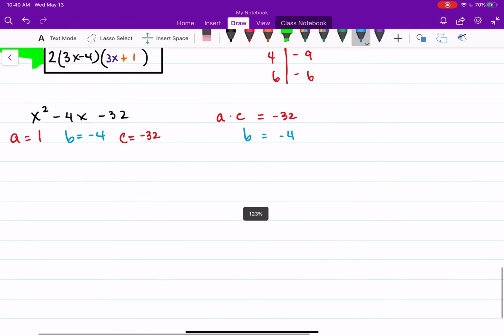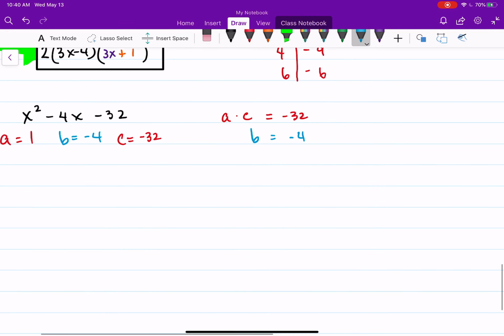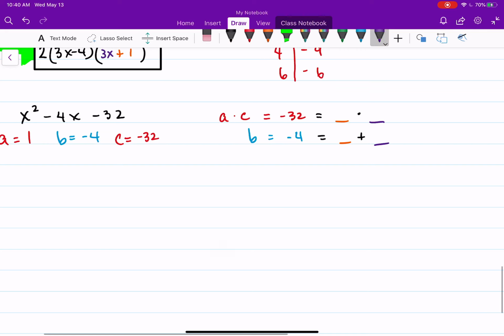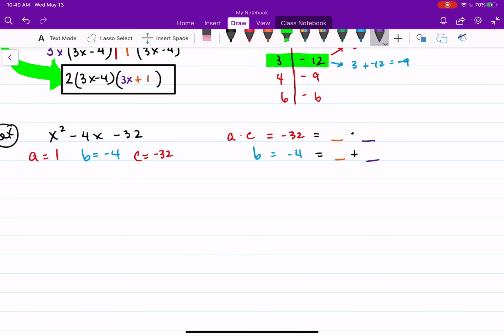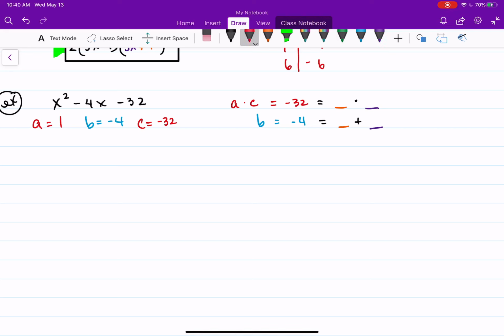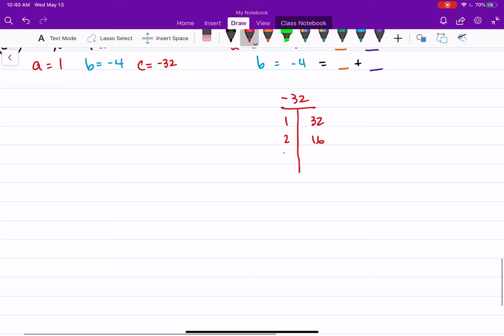And my b is equal to negative 4. All right, so now I got to find those 2 numbers. What are those 2 numbers? Well, if I'm not sure, then I'll go down here and go, okay, negative 32. 1 times 32, 2 times 16, 3 does not go in, 4 times 8.